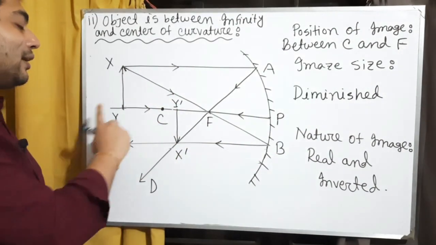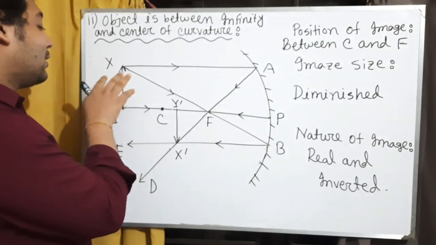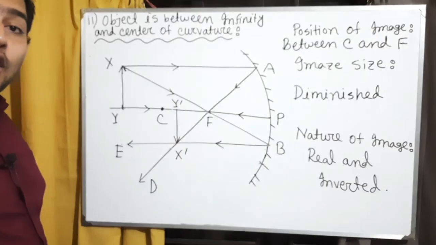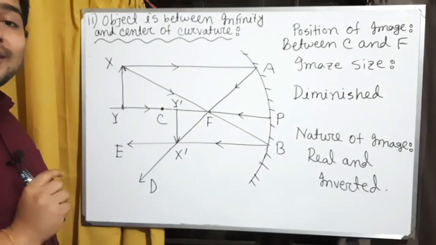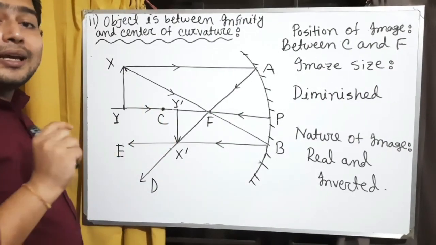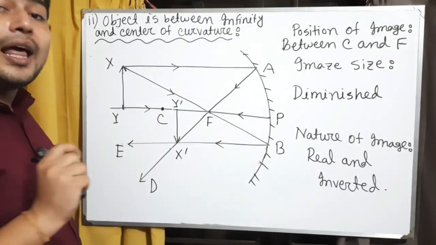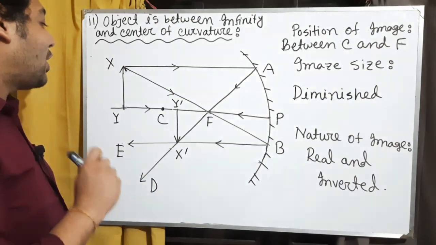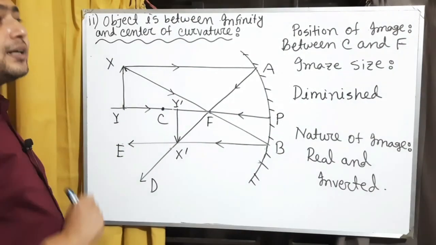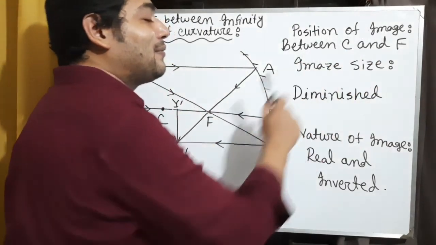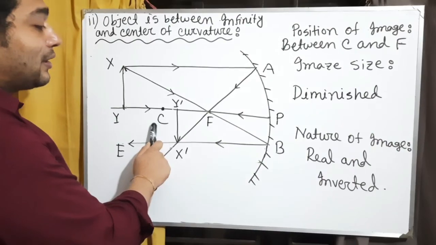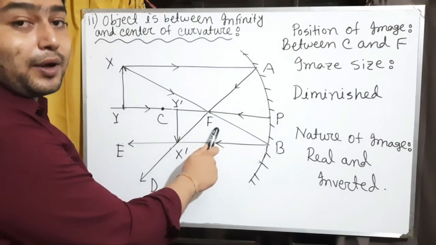Here also the object and image are placed on the same side of the mirror. So this type of image is called real. So X prime Y prime is our real and inverted image of object XY. Here the position of the image is between the center of curvature and the focus point.